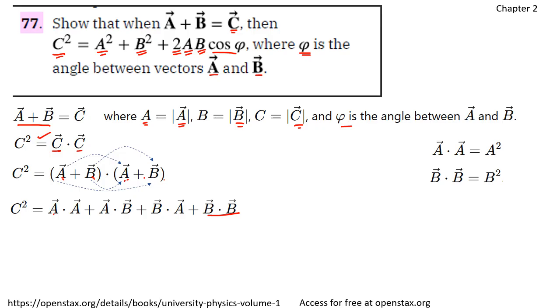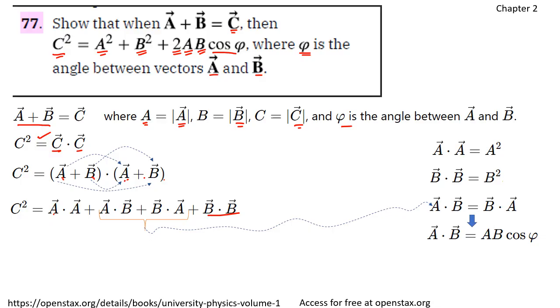Now what is A dot B and B dot A? Actually, A dot B should be equal to B dot A. The commutative property says that A dot B is equal to B dot A. There is no difference. A dot B is AB cosine phi, where phi is the angle between A and B. So you have AB cosine phi here and AB cosine phi here, so it will be 2AB cosine phi.